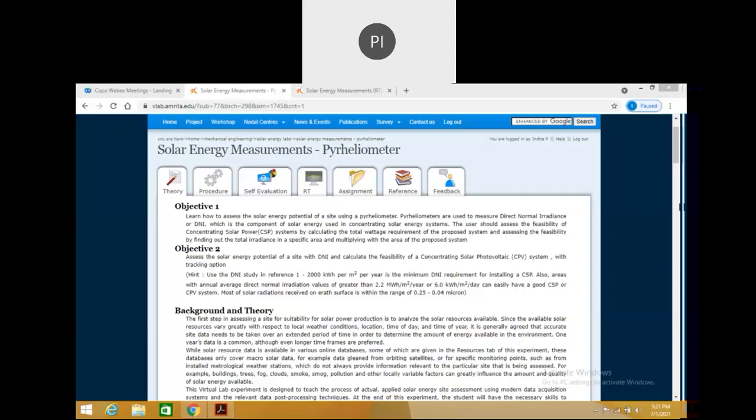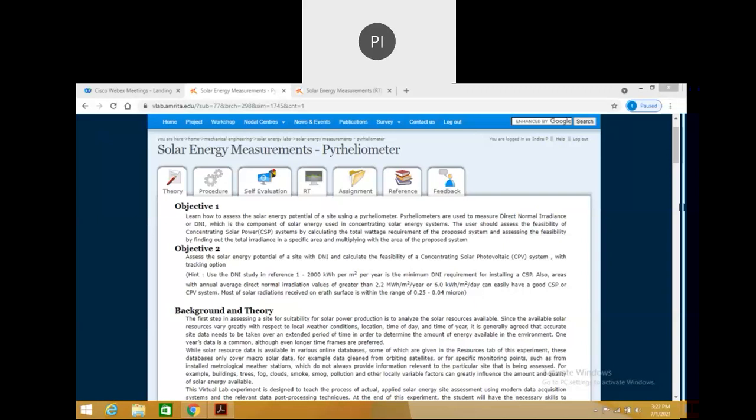We can calculate the amount of heat radiation absorbed by a site with a particular area. Why are we calculating this value? In order to place a concentrating solar power station, a solar thermal power station or whatever it may be.